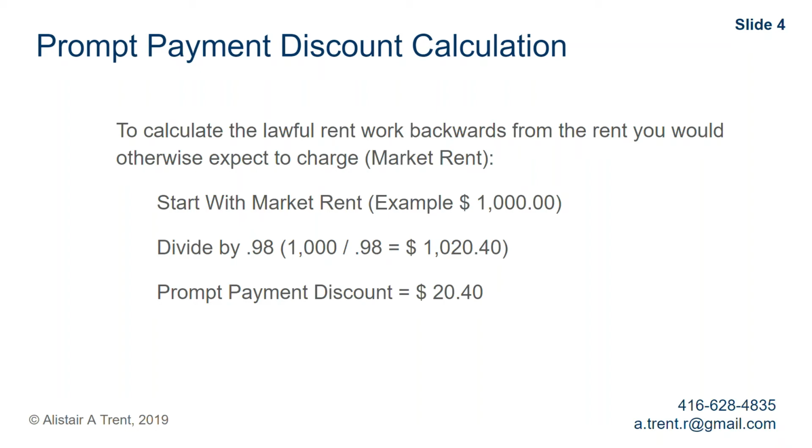You would then divide that by 0.98, and you would come to an undiscounted or lawful rent of $1,020.40, and the prompt payment discount would therefore be $20.40, so that in each month where the tenant paid the rent on time, they pay $1,000, which is the same rent as you would otherwise charge, and in any month where they're late, they pay the $1,020.40.